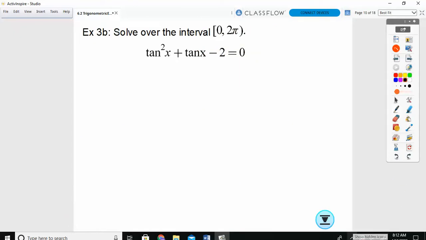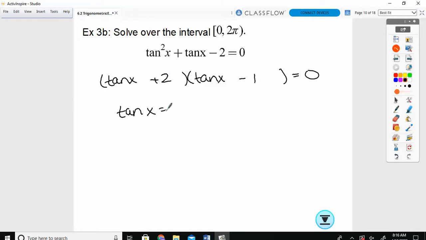So why don't you guys see how far you can go with this one? Here's your 2 parentheses. Tangent squared breaks into tangent. Multiply to -2 and add to +1 will be +2, -1. Set those equal to 0, so you get tangent x equals -2 and tangent x equals +1.